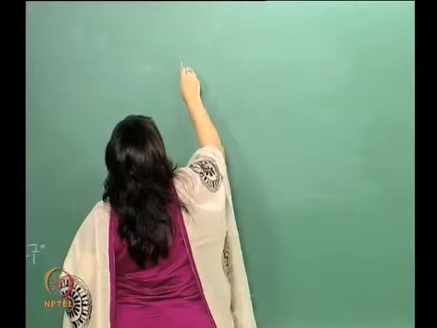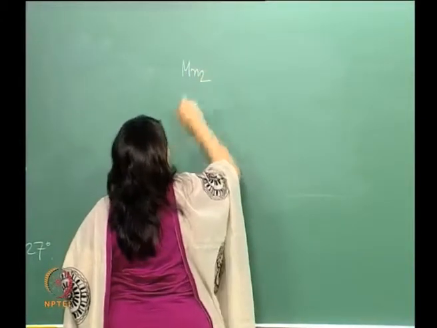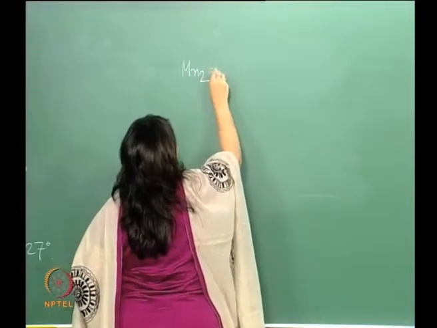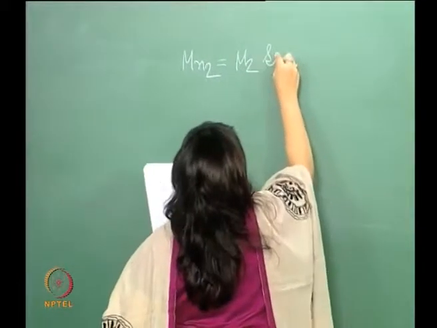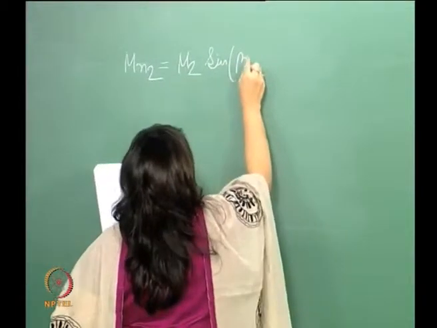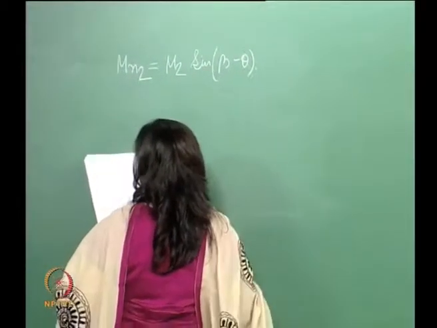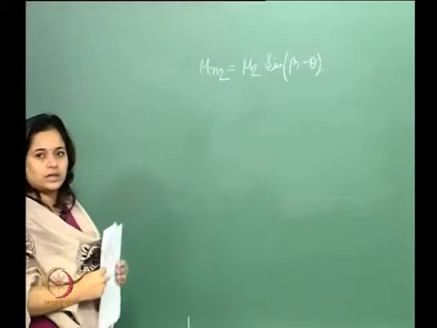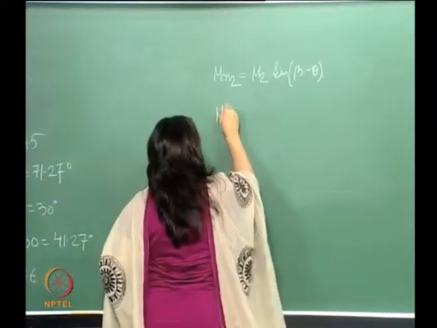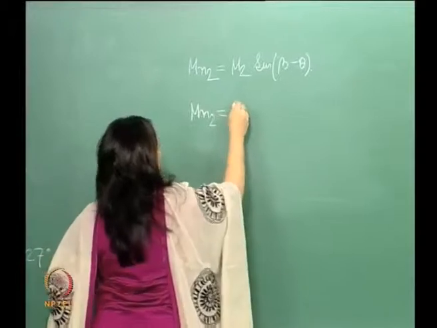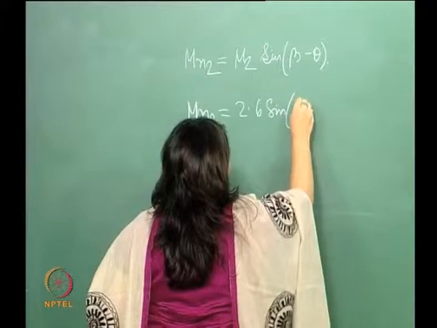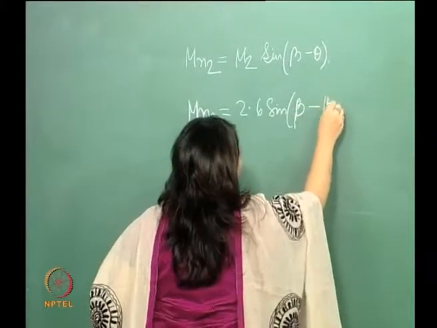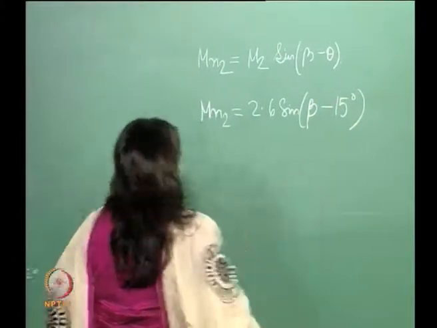So, now we need this, the normal component, which is equal to M2 sine of beta minus theta. Is that right? So, therefore, Mn2 is, this is 2.6, sine of beta I do not know and theta in this case is this.